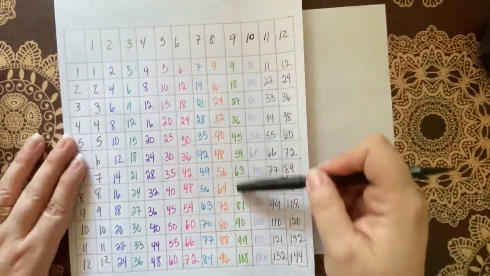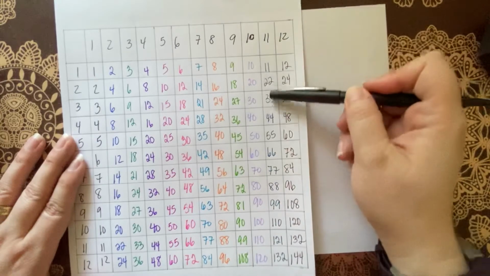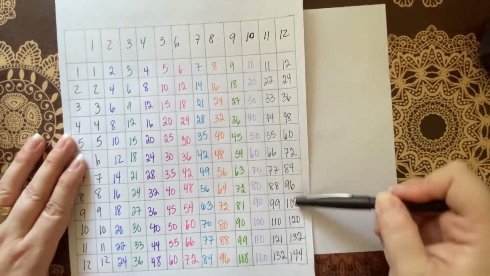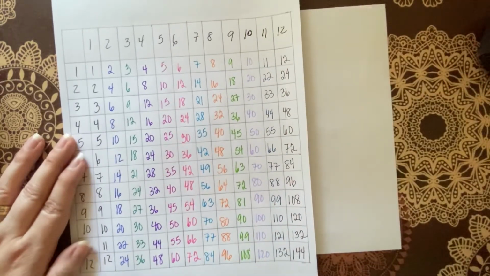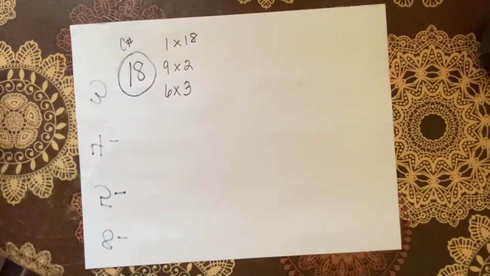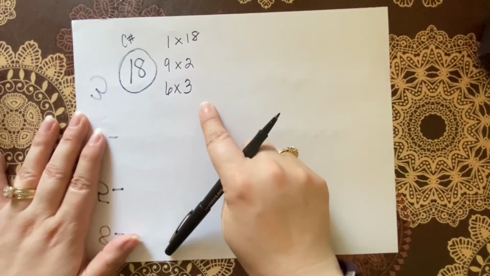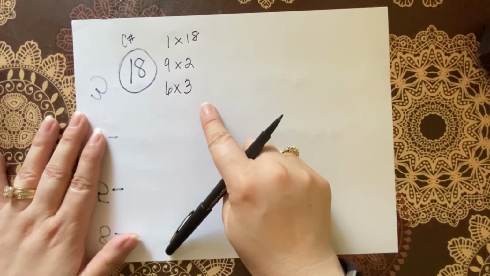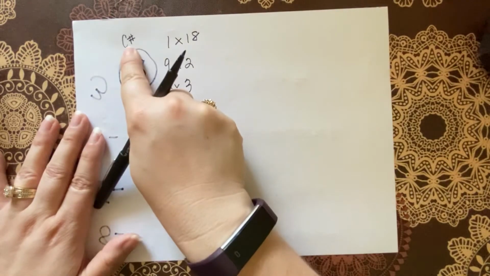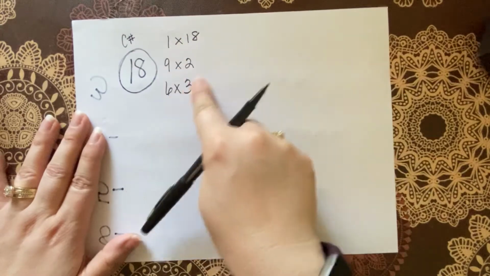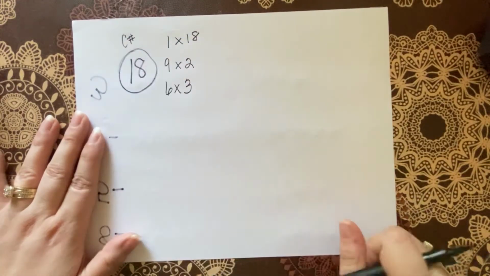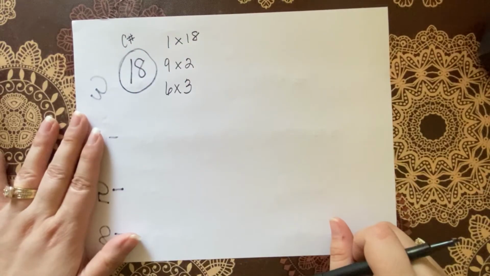So if I'm looking again, I don't see any more 18s. But I can tell through here that there are 3 factor pairs. And remember, if there's 2 or more, it's composite. So this right here is enough of a proof to say that it is a composite number.